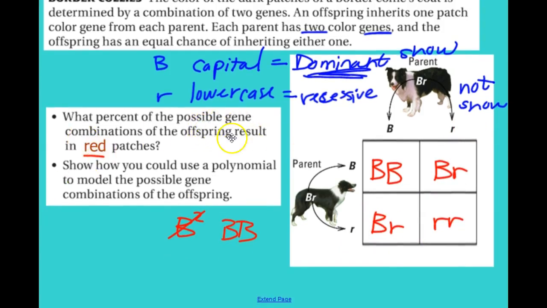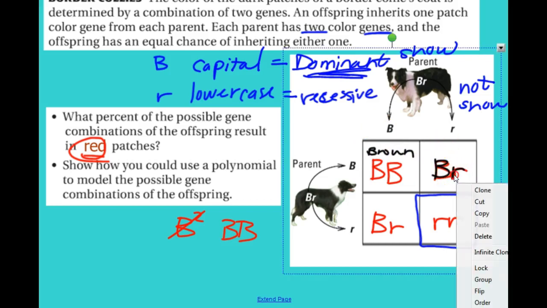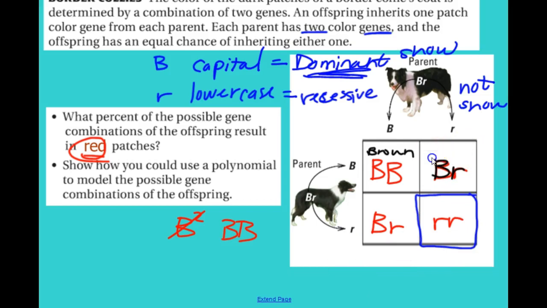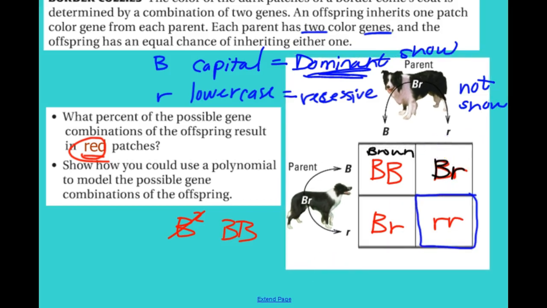So what percent of the possible gene combinations of the offspring result in red patches? So meaning there are two r's. Well, this is only 1 out of 4 squares, because this is going to be brown. This, the capital letter, is dominant, so even though it has the gene for the red, it's not going to show up, and this one is going to also have brown patches. This one also has a capital B. It's dominant, so it's going to have brown patches.